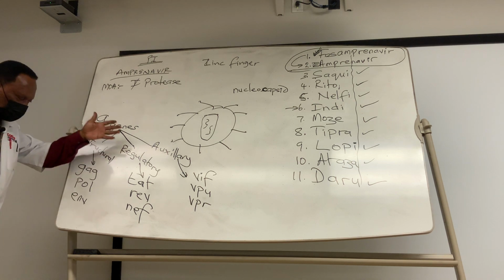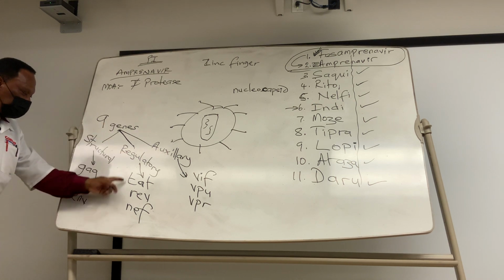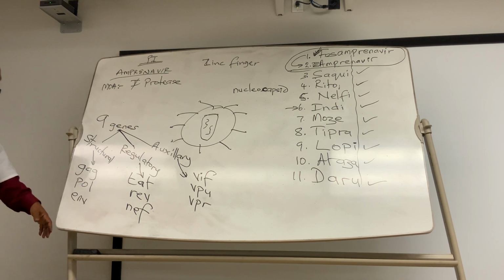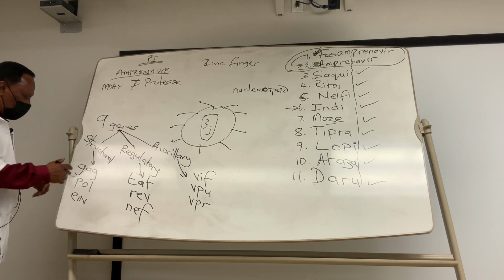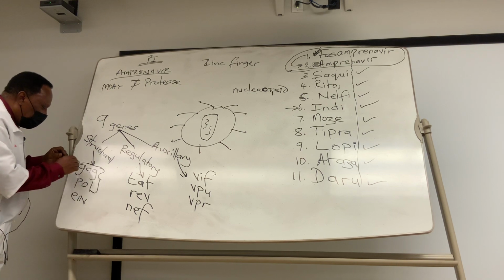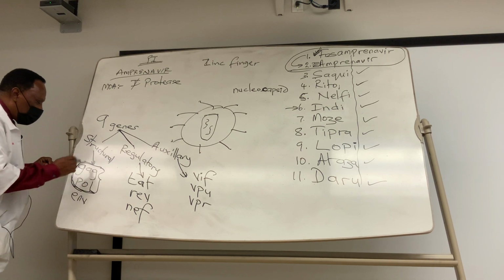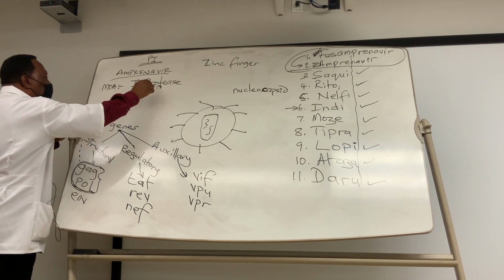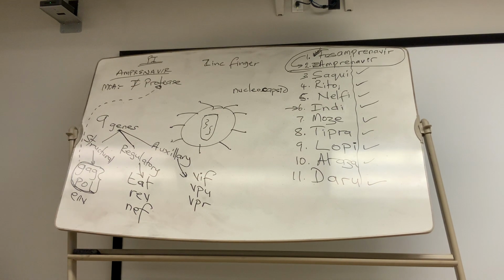Okay. And these regulatory genes, particularly the NEF, like we said, can control movement. But this GAG and POL can help in the production of that protease. And remember I said when the new virus is being made, you have a lot of excess proteins.